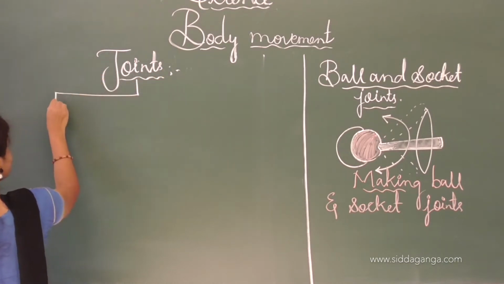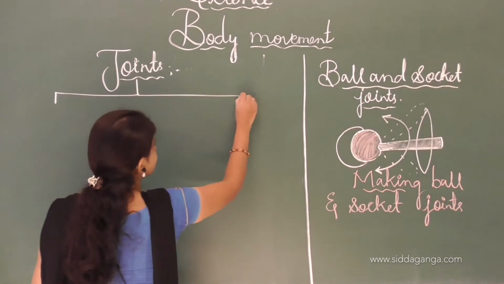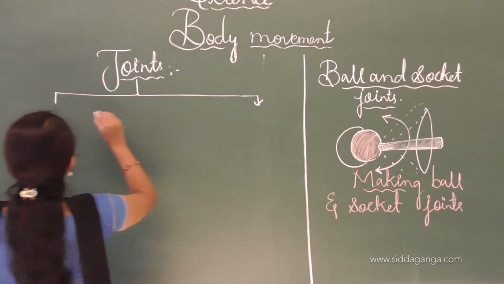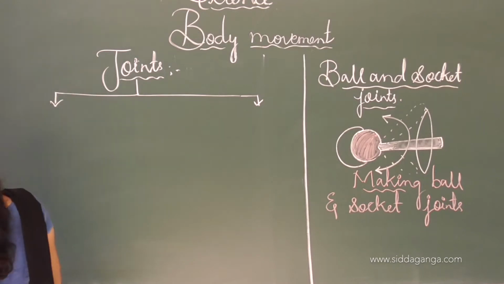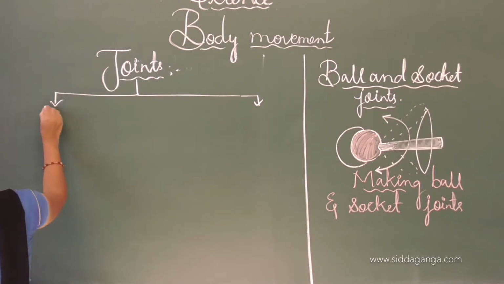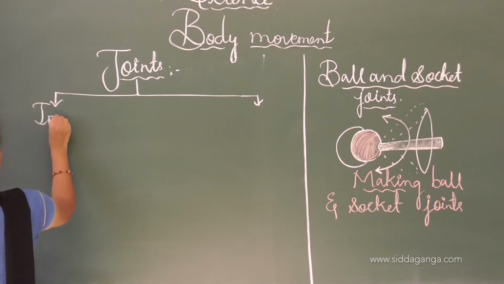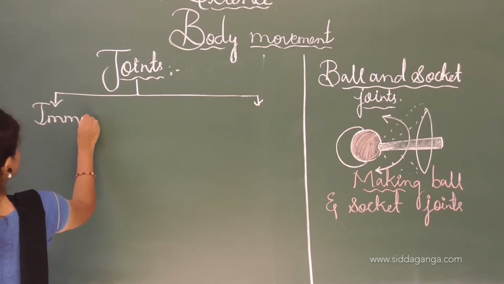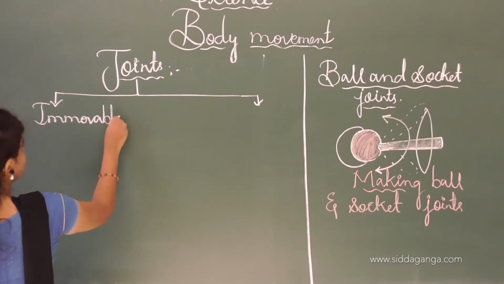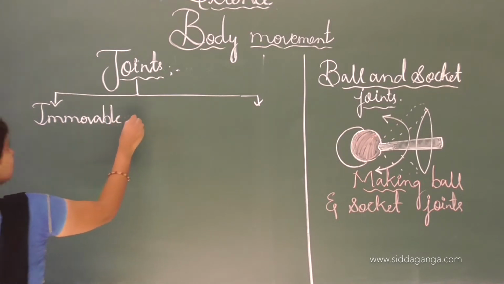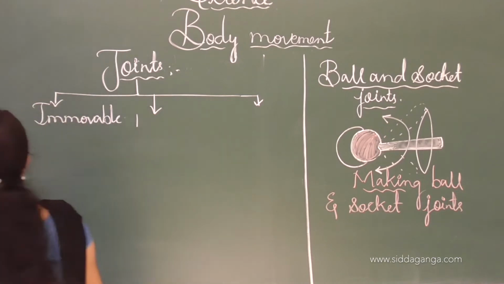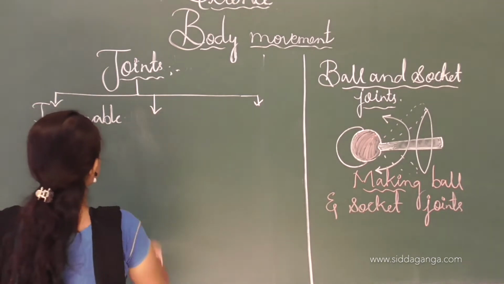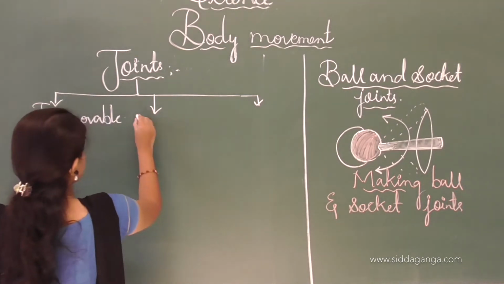Joints are classified into three types: immovable joints, slightly movable joints, as well as movable joints.